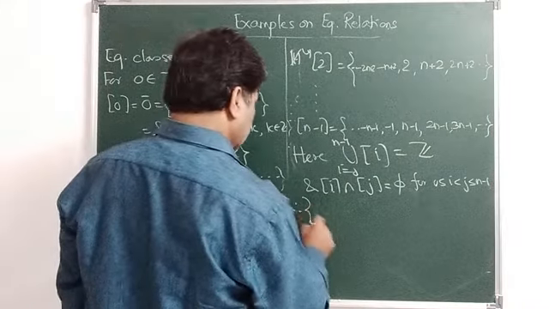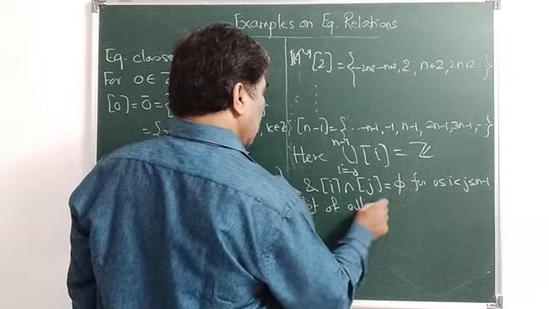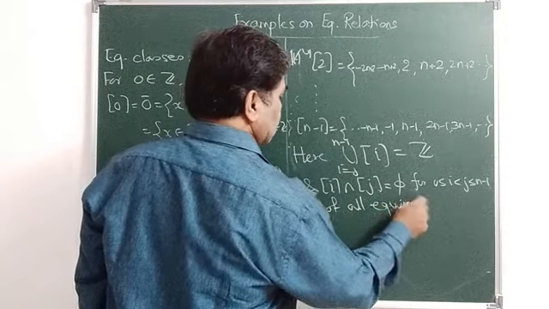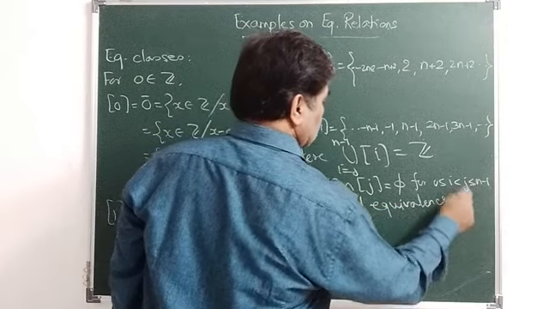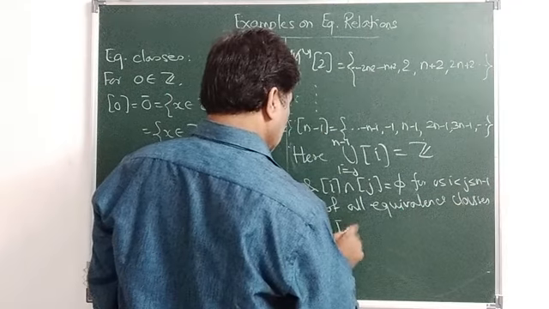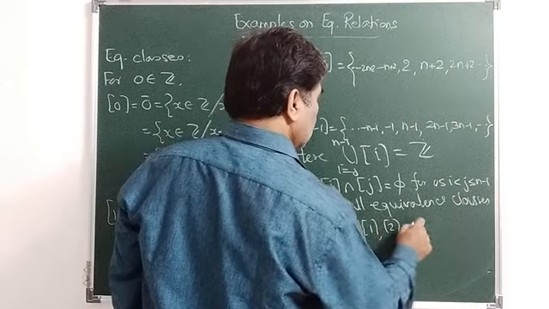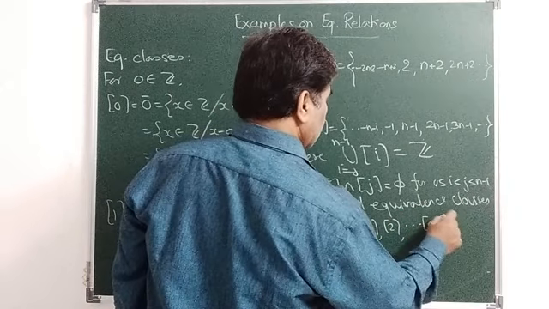Therefore, the set of all equivalence classes is nothing but 0, 1, 2, and so on, n minus 1.